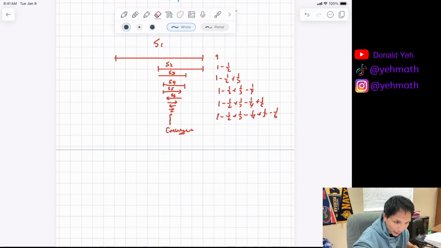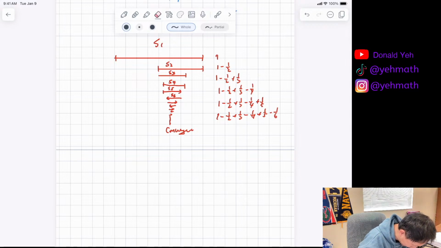Any question about this part? This is the last thing. Do you understand this part? So long as you can see this, you can say, oh okay, that's true.